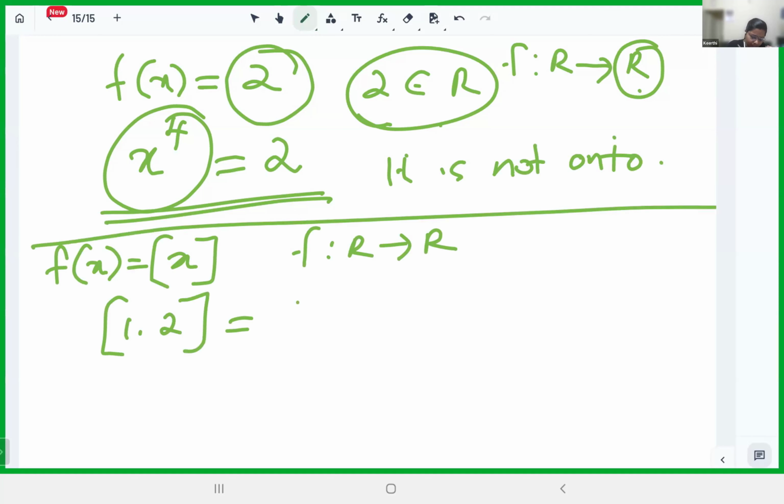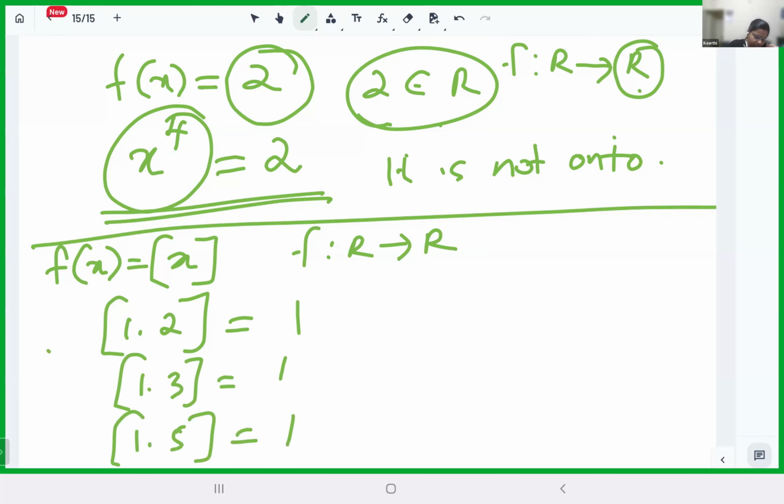That is nothing but 1. That is, the greatest integer of 1.2 is 1. Which means 1.3 is also 1, and the greatest integer of 1.5 is also 1.